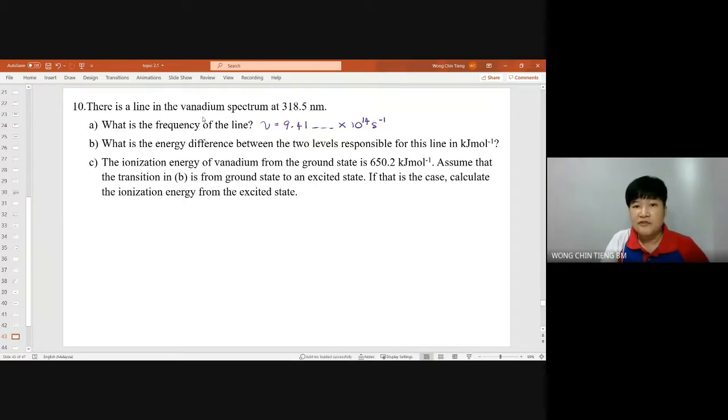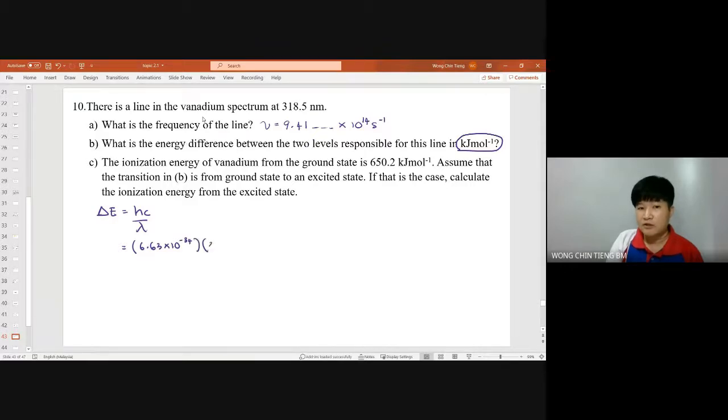What is the energy difference between the two levels responsible for this line? Okay, this one I want to calculate. The two energy levels, look carefully: the question asks for kilojoule per mole. When the question asks for kilojoule per mole, it means it wants the energy per 1 mole. So, you might be calculating delta E equals hc over lambda. Your Planck constant 6.63 times 10 to the power of negative 34.